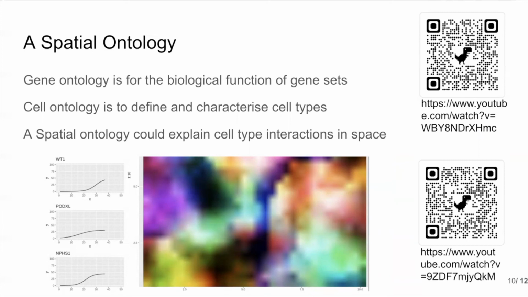If we could use this information in some form and be able to explain cell type interactions in space for spatial ontology, that could allow biologists to interpret and use the current information and databases out there to be able to make and generate hypotheses that allows us to gain deeper insight into the biology.